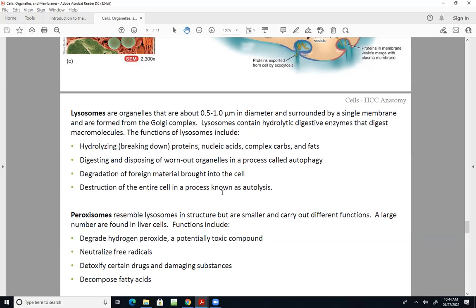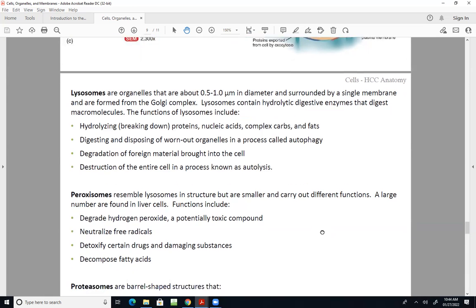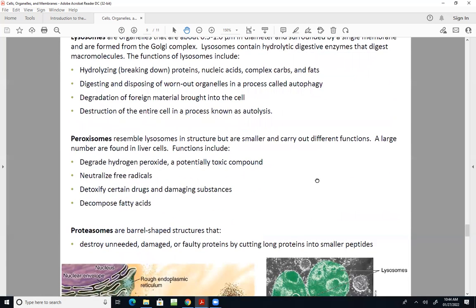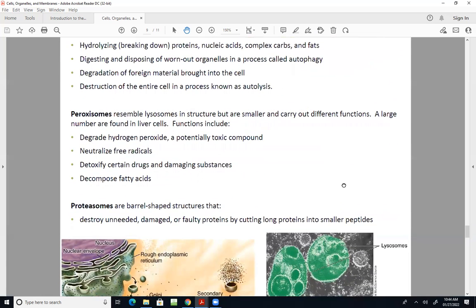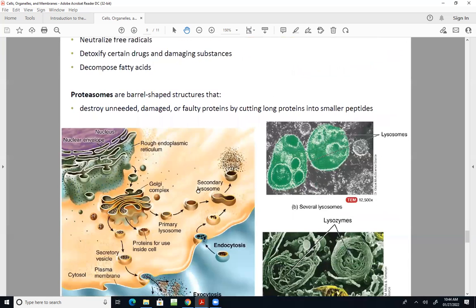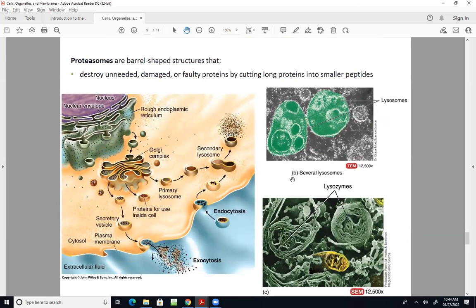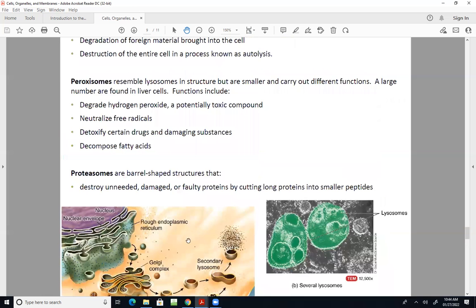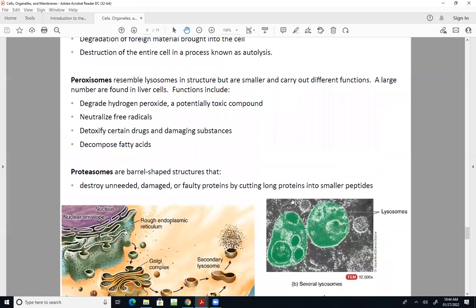It's like hitting the self-destruct button. That process is called autolysis, and that's something that needs to happen from time to time. Down at the bottom we have a couple different illustrations, and a couple pictures showing them off under a special microscope. Not really too concerned with any of the pictures on this page though.